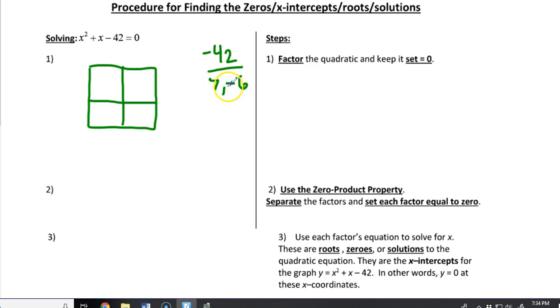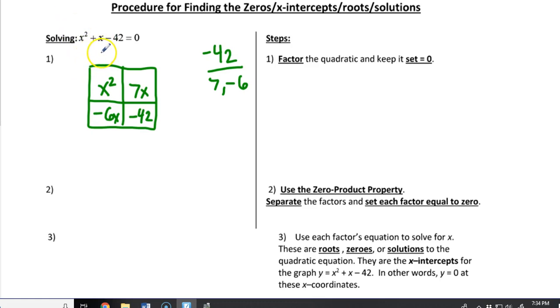Yep, that works, right? Two numbers that multiply to be -42 and add up to 1. So we're going to go -6x, 7x. The -42 is the bottom right. The x squared is the top left. These on the diagonal add up to 1x.